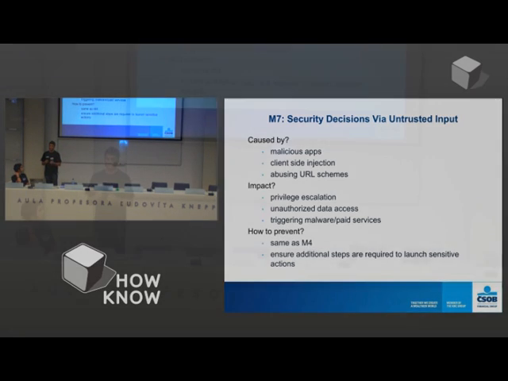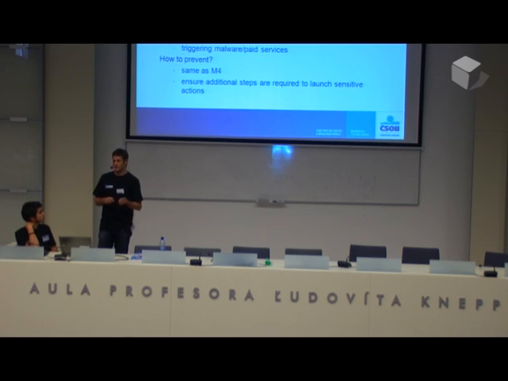The same things we have to do for client-side injection. We should also ensure that additional steps are required to launch sensitive actions. So if you have an application and you're supposed to enter a name, be sure that you block the application when it tries to call another application, or loses its focus. That's something you can do.